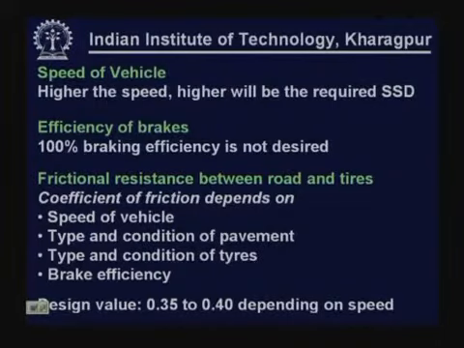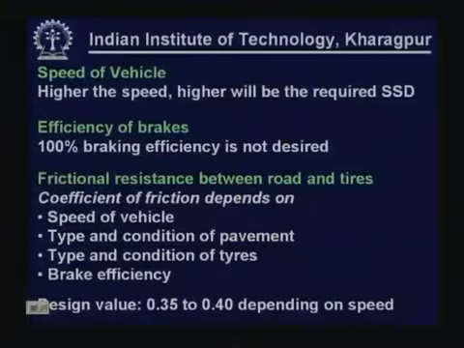This is not desired from the safety point of view, because there will be skidding, and once the vehicle skids, the driver will not have the desired control on the movement of the vehicle. Therefore, it is not desired to have 100% braking efficiency while applying brakes.